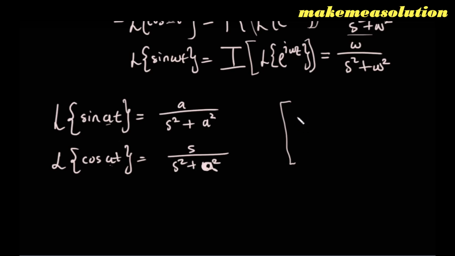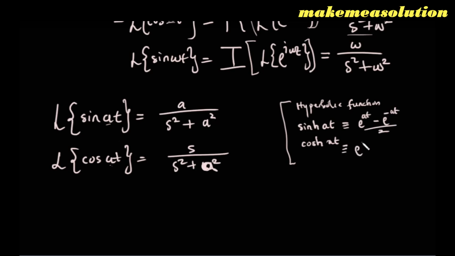If you have a hyperbolic function such as sinh at, and then cosh at, the Laplace transform can be solved if you remember your hyperbolic identities. Sinh at is exponential at minus exponential minus at, divided by 2. Cosh at is exponential at plus exponential minus at, divided by 2.